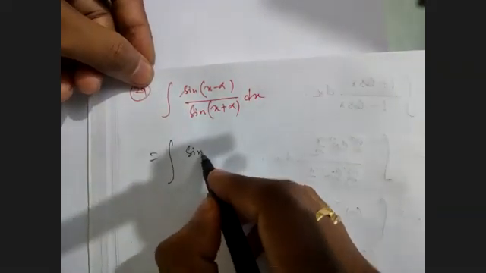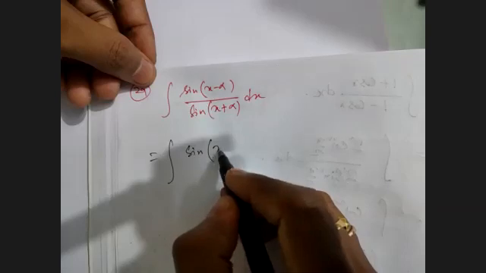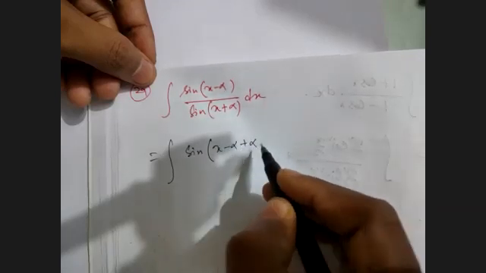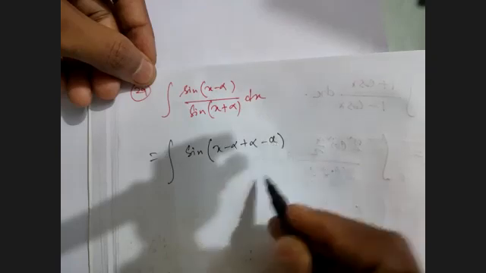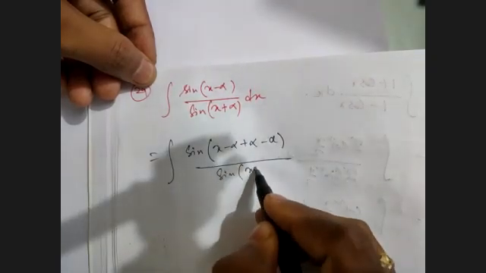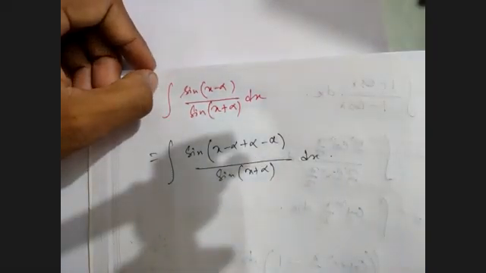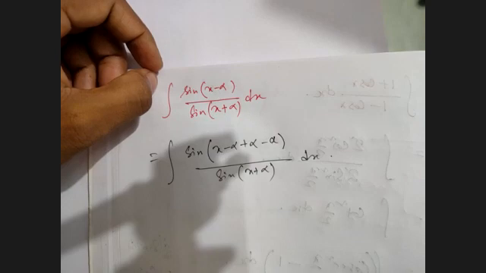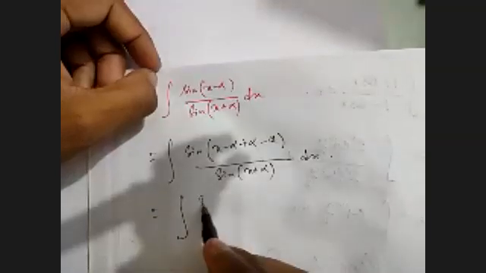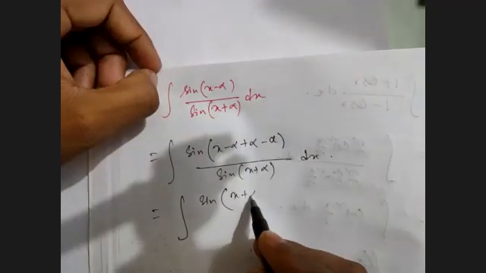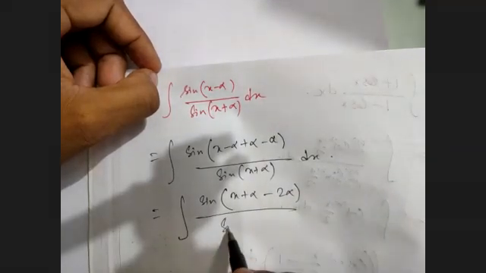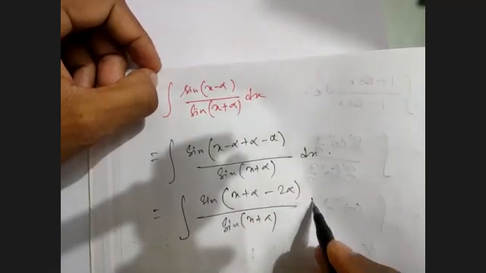So that means I can write it as sin of (x minus alpha plus alpha minus alpha). This plus alpha minus alpha is taken extra. So sin of (x plus alpha minus 2 alpha) by sin of (x plus alpha) dx.